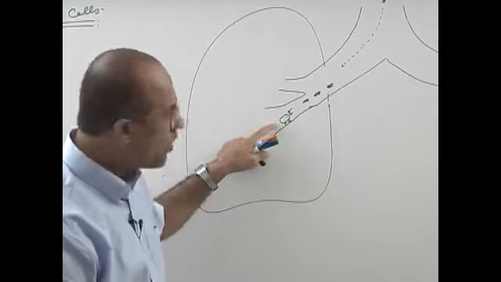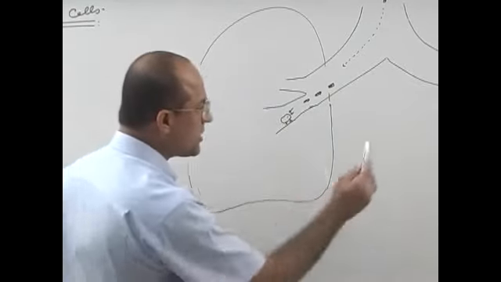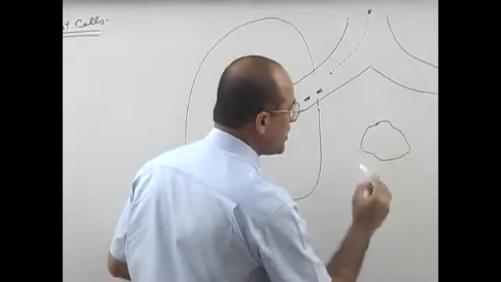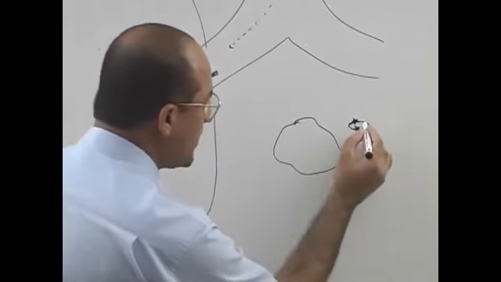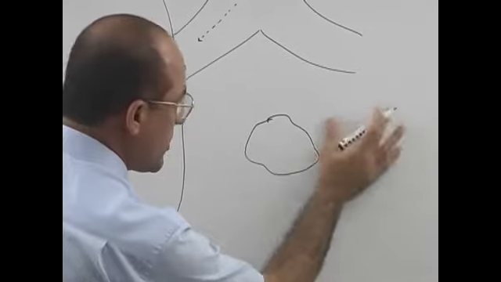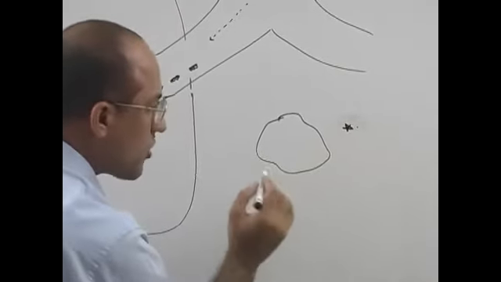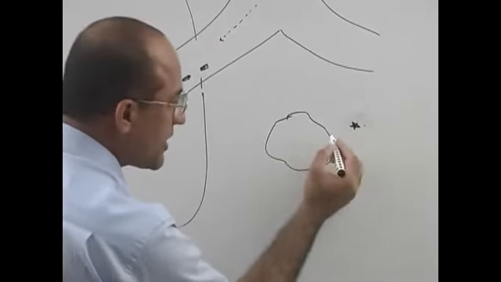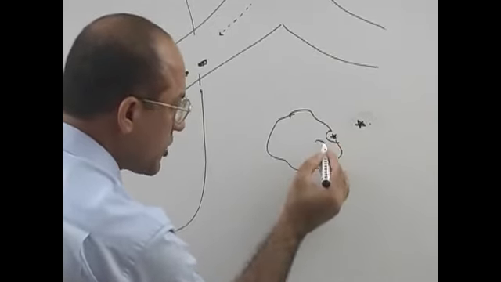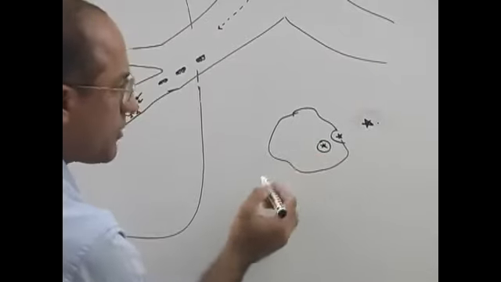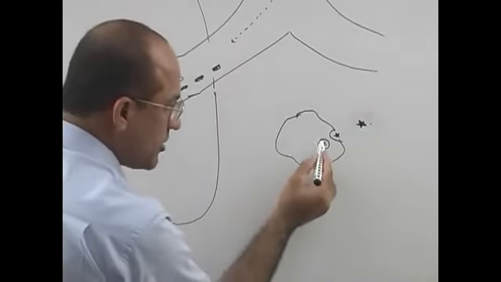Now let's suppose here is this macrophage and here is the pollen grain. Normally, when pollen grains go into your respiratory system, the macrophage will phagocytose it. After phagocytosing, this is the phagosome.